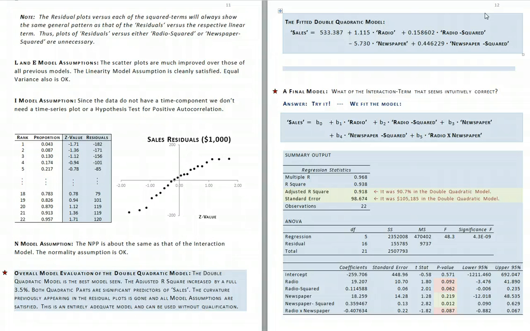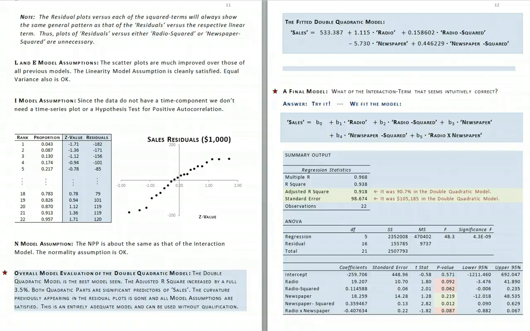Using the double quadratic model to estimate monthly sales at a given level of radio advertising expense and newspaper advertising expense is straightforward. Simply plug in the radio advertising expense, the radio advertising expense squared, the newspaper advertising expense, and the newspaper advertising expense squared into the estimated regression equation.